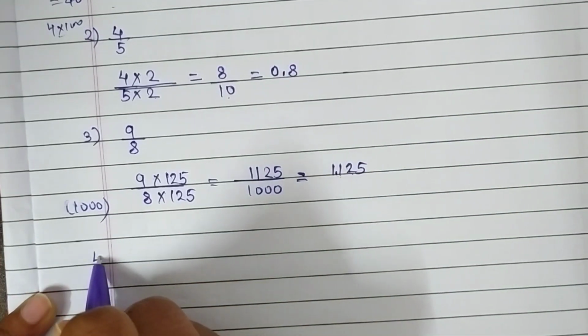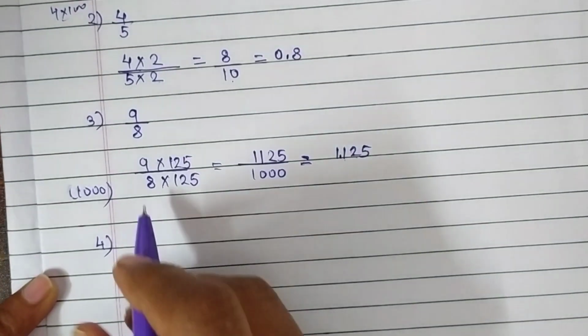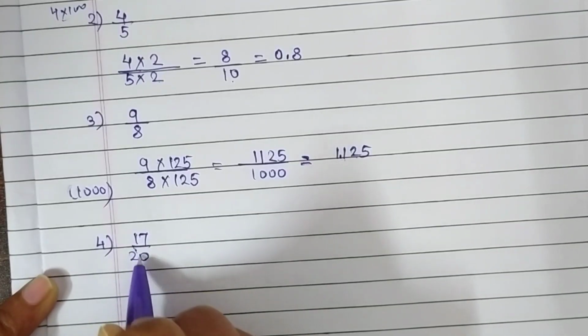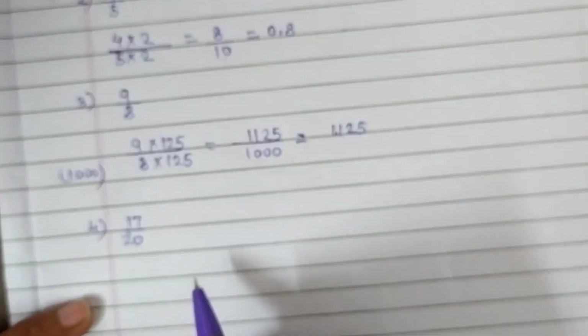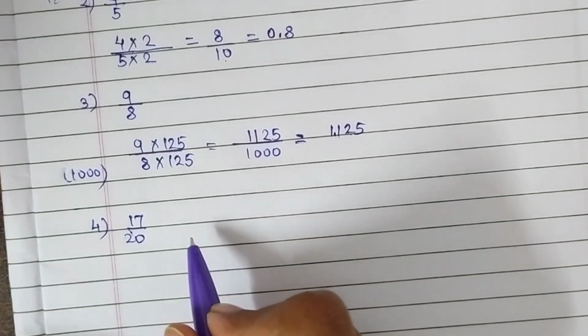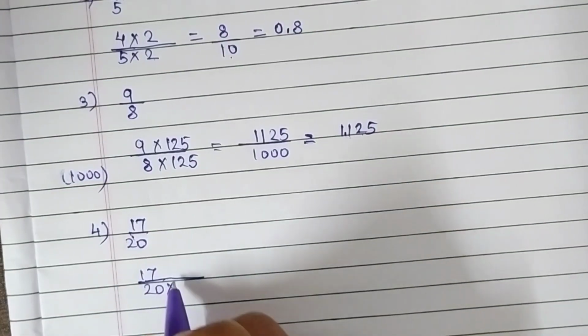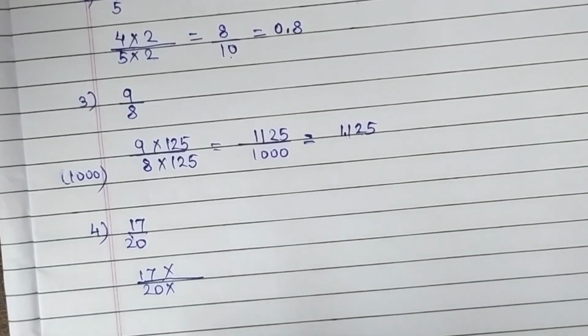Look at the fourth question. The question is 17 upon 20. Now in 20's table there is 100. 20 1s are 20, 20 2s are 40, 20 3s are 60, 20 4s are 80 and 20 5s are 100.